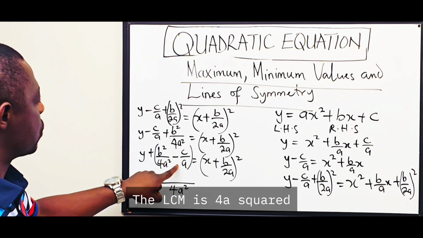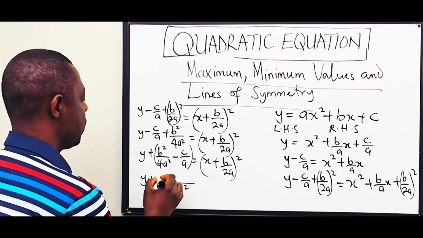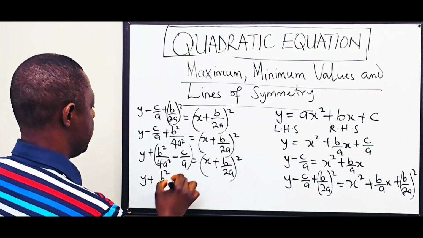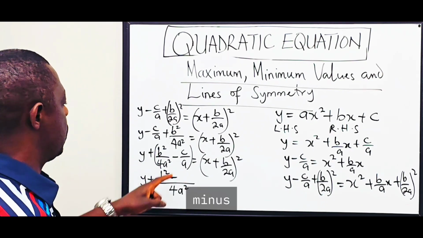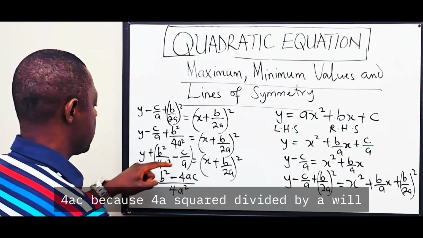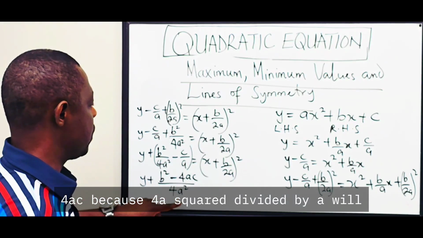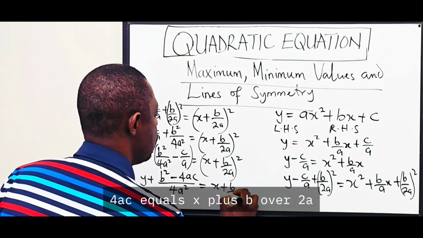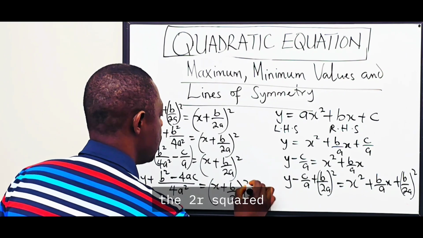The LCM here is 4a squared. So 4a squared over 4a squared, we have b squared minus 4ac, because 4a squared divided by a will give us 4a, multiplied by c to give us 4ac, equals x plus b over 2a all squared.